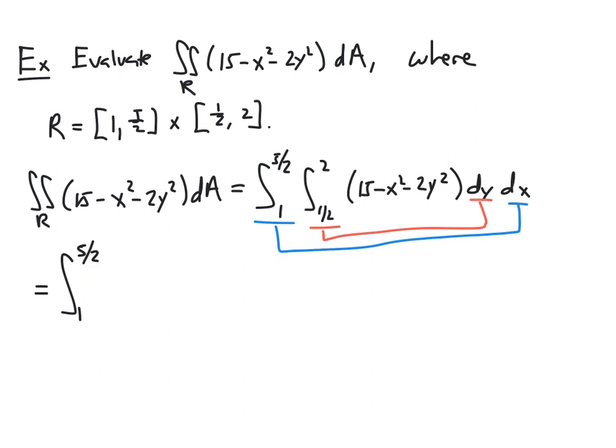So when I antidifferentiate this function, we're going to get 15y minus x squared y. Remember, x squared is a constant in terms of y. And then minus 2/3 y cubed. And we want to evaluate this from 1/2 to 2, and all of that is happening inside the integral with respect to x.